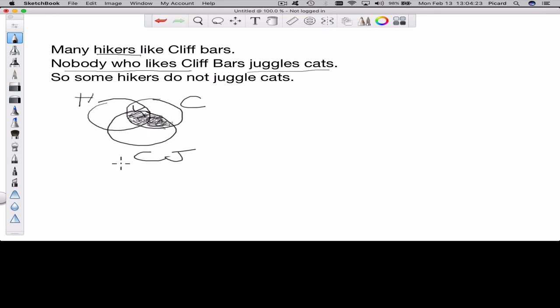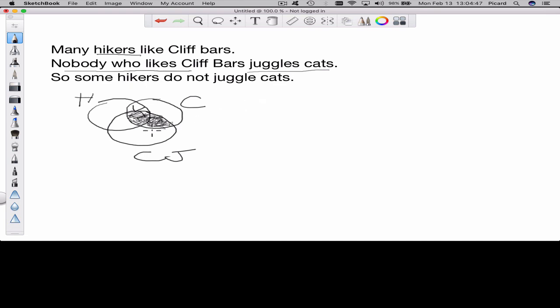And now we've marked in both of the premises, and we are not in the business of doing anything with the conclusion other than saying, based on the two premises, premise 1 and premise 2, is it possible for that conclusion to be false? The conclusion, some hikers don't juggle cats.